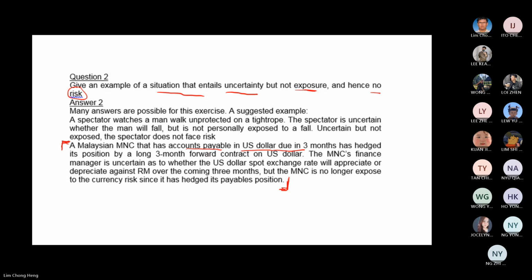But your company has the exposure on exchange rate risk.